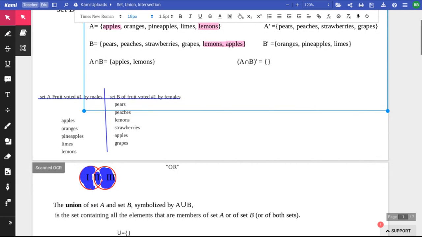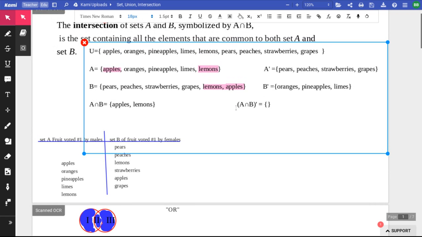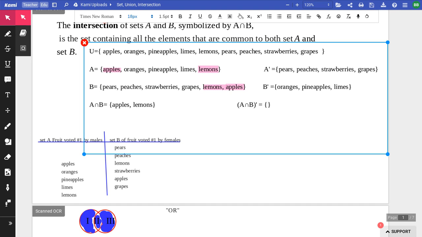So now we are looking at not A and B. What's not in the intersection of A and B? First off, what is in the intersection of A and B? We know that apples and lemons intersect. They are in common. Everything else is not in common.